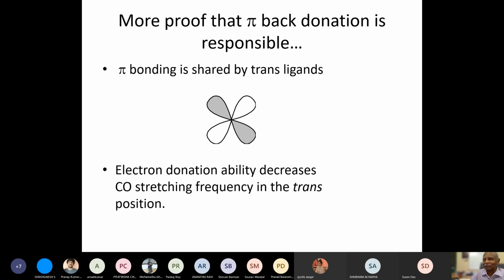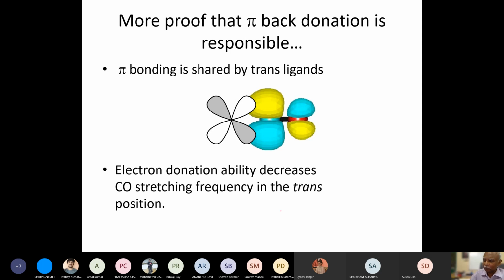I'm sorry, I jumped the gun. I should have explained this particular aspect first. And that is, pi bonding is shared by the trans ligand. So very often you have significant effects from the trans ligand. And I will just briefly touch upon that before I talk about the sigma bond.